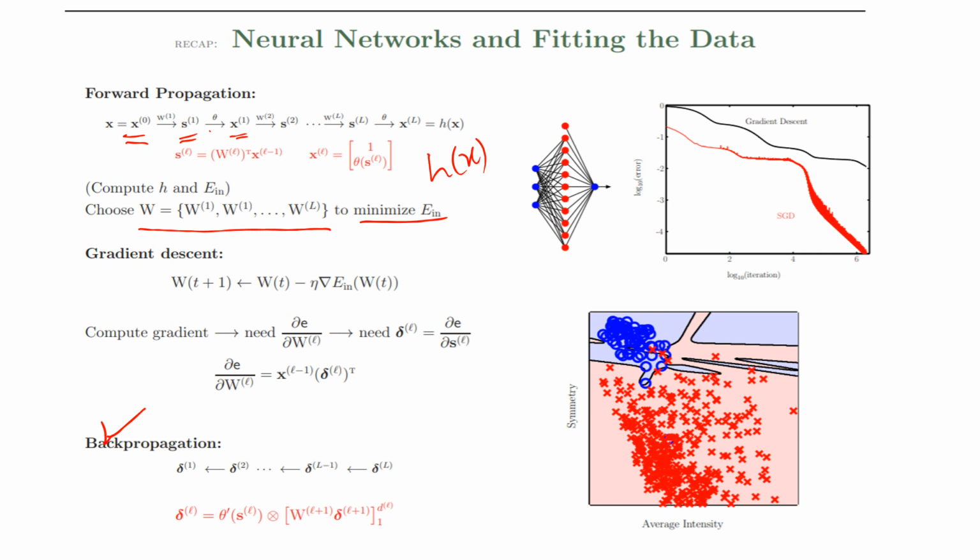So what backpropagation was doing is this: we have the gradient of the error with respect to the weights, which has this form, and of course we derived it. It is the output from the previous layer times some sensitivity. That delta was the sensitivity. We figured that the sensitivity was recursive, in the sense that we could establish a relationship between my delta in layer L and my delta in layer L minus 1.